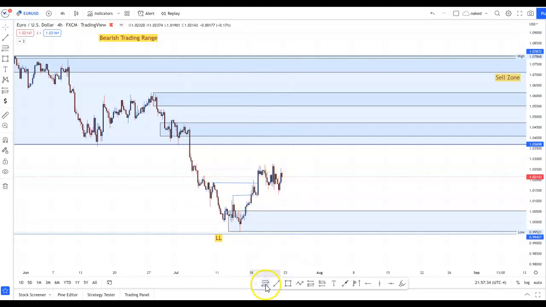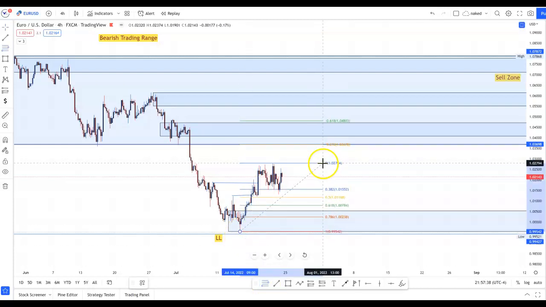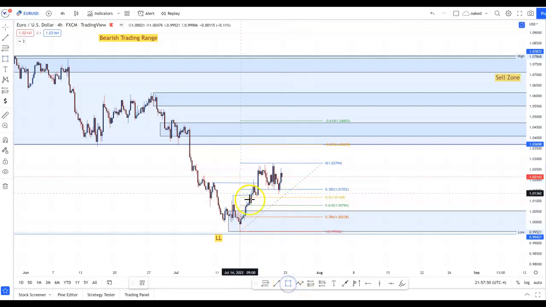I would take my Fibonacci tool, go from the low to the high. Next, I would wait for price to retrace and come back down to our golden zone here. That's where I'll be looking to take a trade. But if it didn't, then I would just wait for price to break this high, pull back, and then we can get in for a trade here.